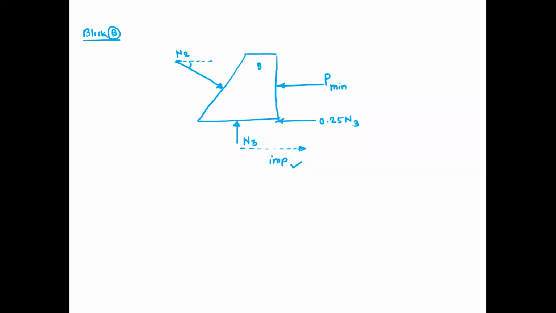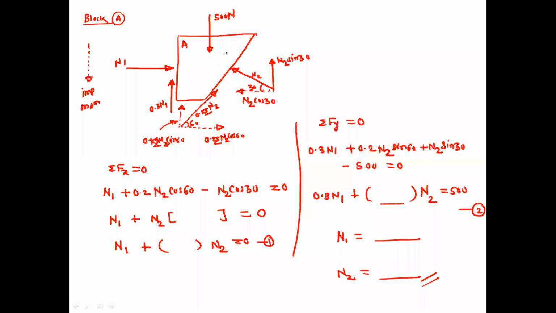This angle is 30 degrees. Block B is sliding in the upward direction compared to block A, so this is the impending motion for this surface. So friction will be exactly opposite. This is the friction force, and this value is 0.2 into N2.